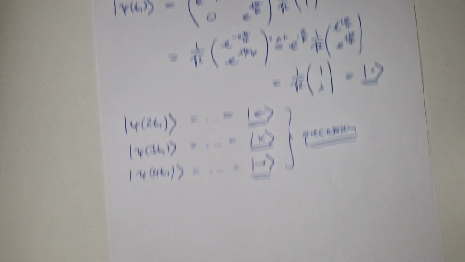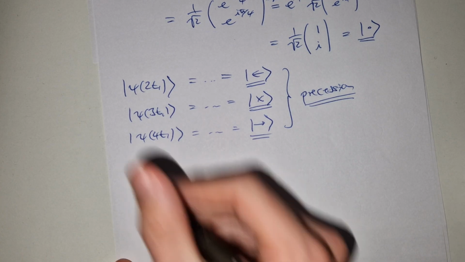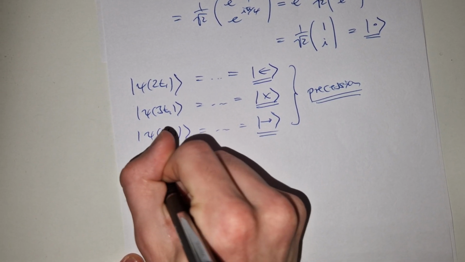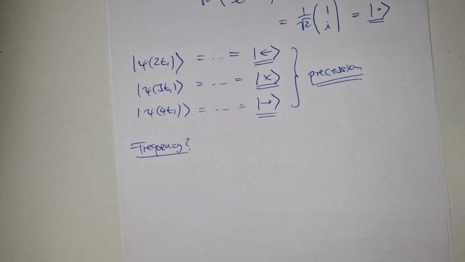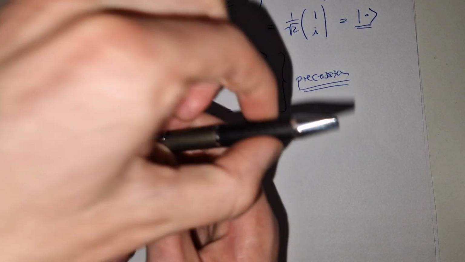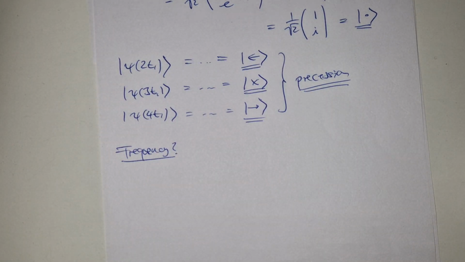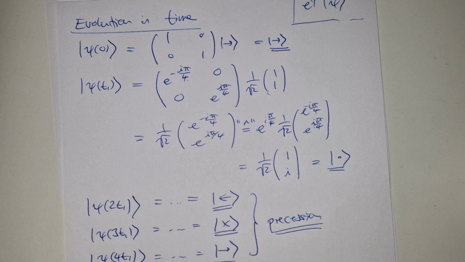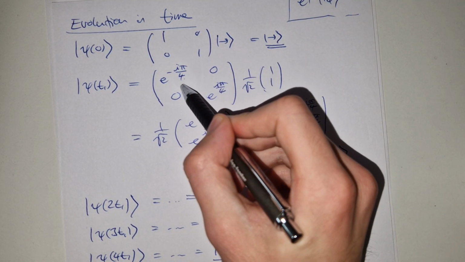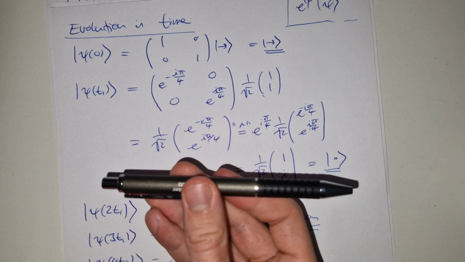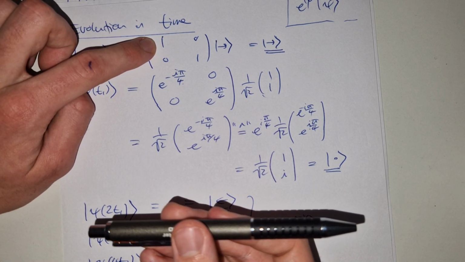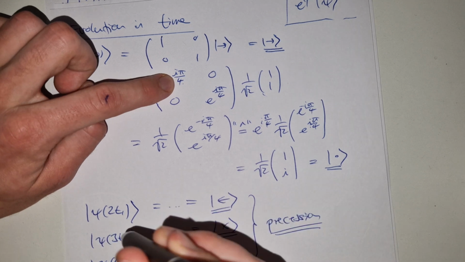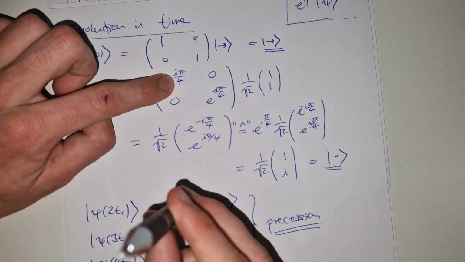So as a last point, let's calculate the frequency of this precession. So how fast is this spin precessing around the z-axis? Well, each of these steps was a quarter of a revolution, right? We started in spin right, that was when there was a 1 in the matrix, and then after a while there was an I pi over 4 in the matrix, that was spin towards us.